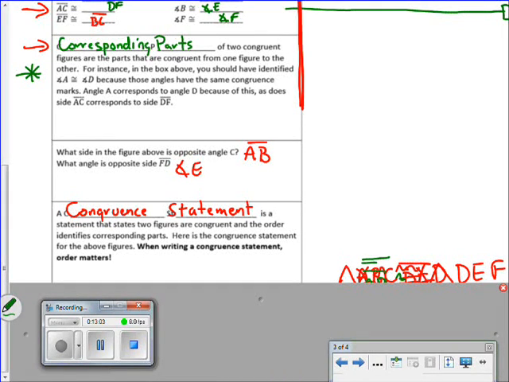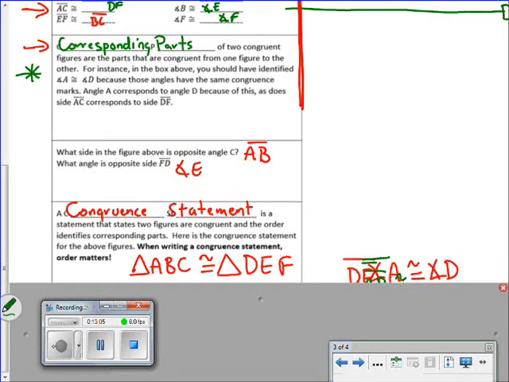When writing the congruent statement, order matters. So if you look up at the triangle ABC, I'm saying it's congruent to DEF. And if you don't hear anything today in this vocabulary but this, I need you to understand this. On the left-hand side, whenever I'm dealing with triangles or polygons, I always write the letters in alphabetical order. But that doesn't mean this side will be in alphabetical order.